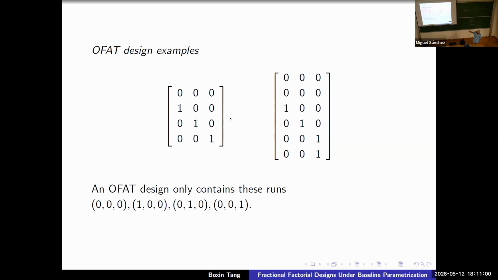So if you look at these designs, they only contain these runs: 0, 0, 0; 1, 0, 0; 0, 1, 0; 0, 0, 1. Only one factor has test level 1. All the others are 0. If you use a design like this, these are one-factor-at-a-time designs, and they have zero bias, no bias.